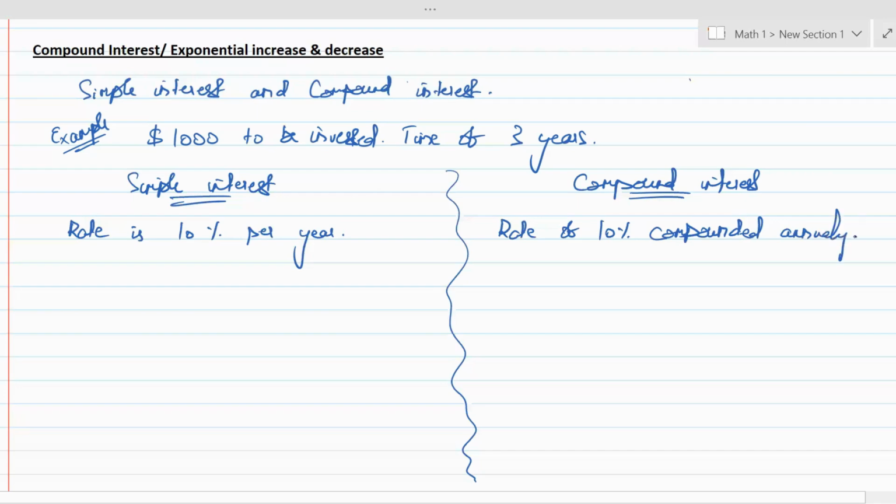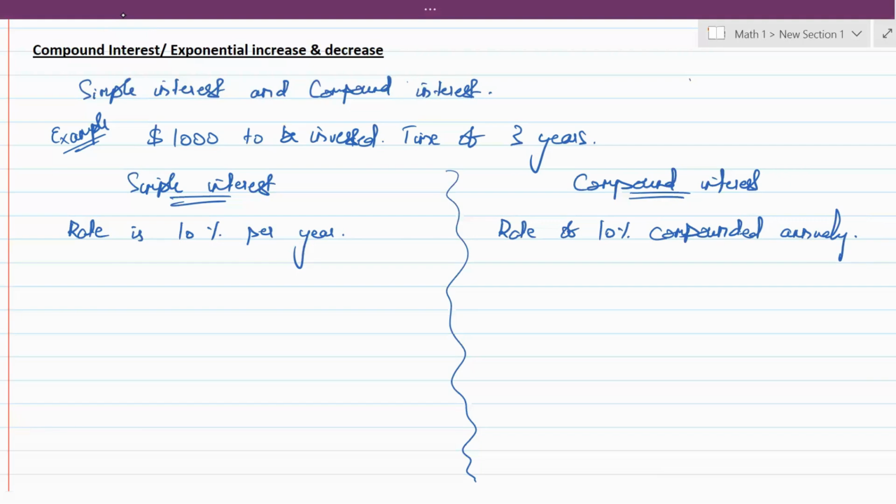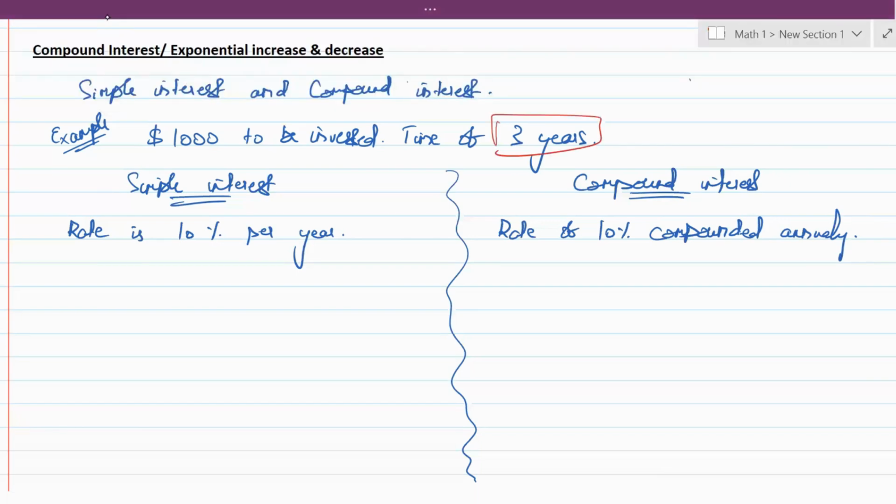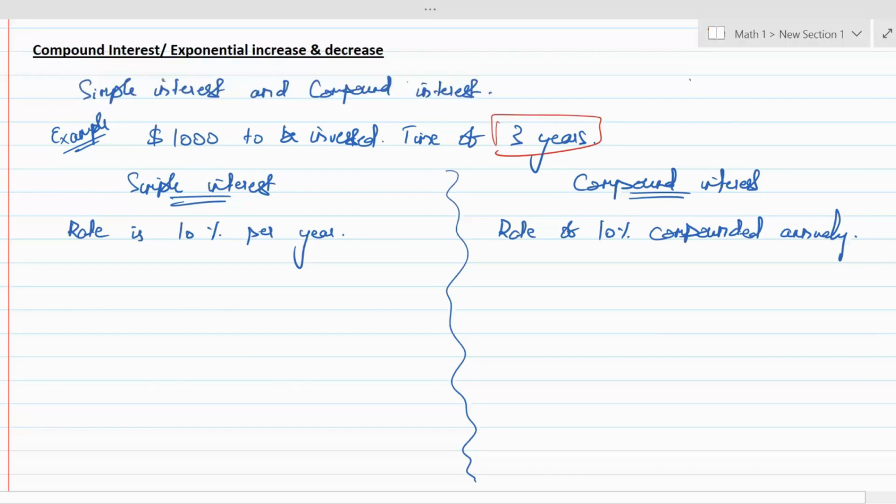So this one single statement differentiates the whole scenario. In the case of simple interest, let's look at the breakup of all 3 years, because this whole situation is about 3 years, one by one.